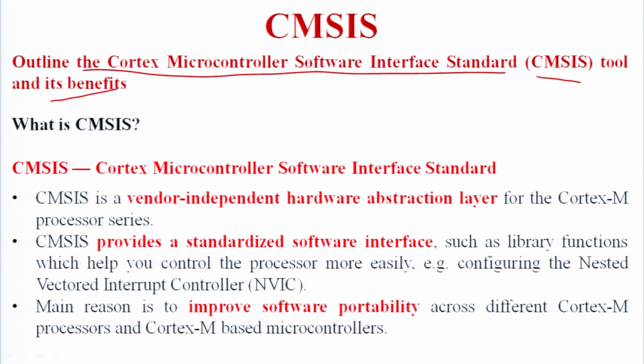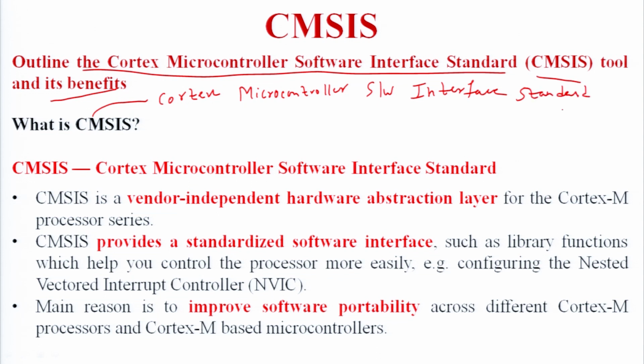C stands for Cortex, M for microcontroller, S for software, I for interface, and S for standard. The first is Cortex and the second stands for microcontroller. So we are talking about the microcontroller. Which microcontroller? The Cortex ARM microcontroller.